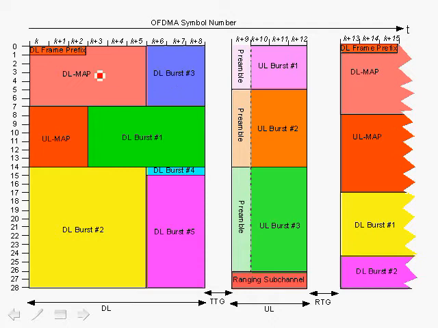Those are all within these information elements which are in the downlink map. So the downlink map in this case would have information about the 5 data bursts shown here.